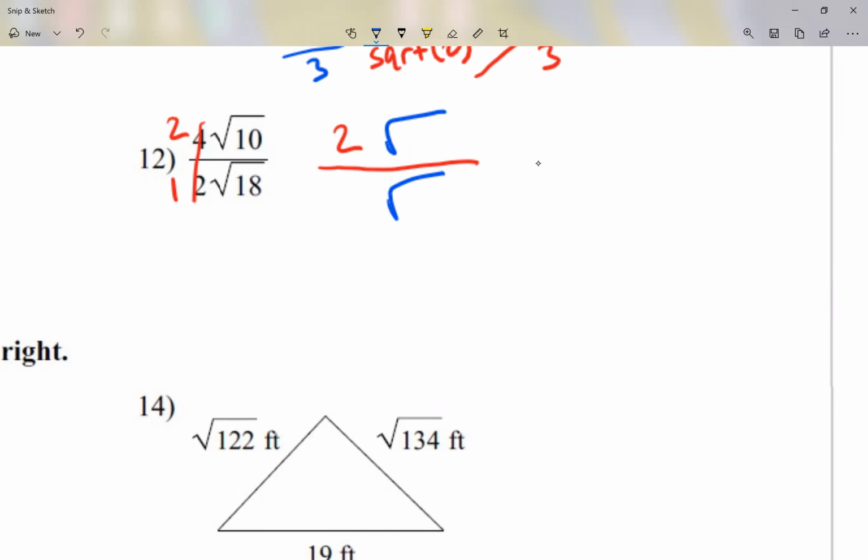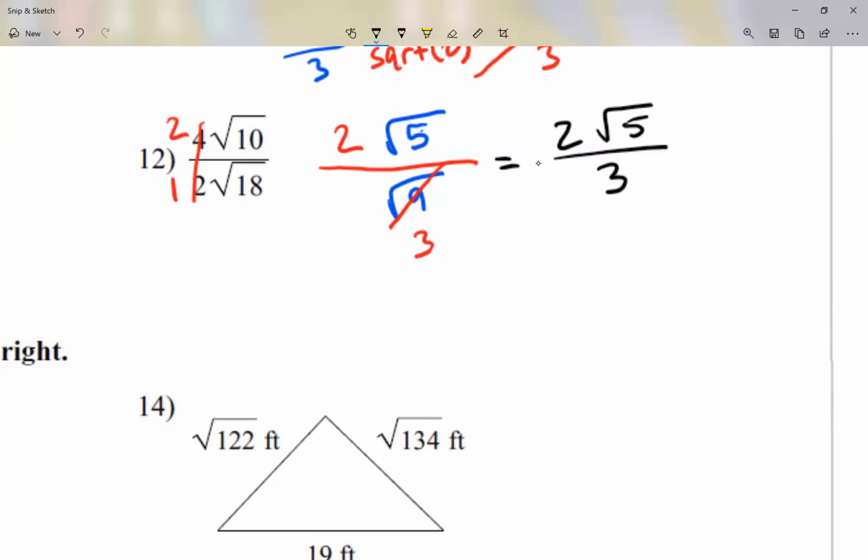I'm thinking the numbers, 10 over 18, divide each by 2, that gives me 5 over 9. The nice thing is that the 1 at the bottom, the square root of 9, becomes a whole number. So now I have 2 square root of 5 over 3.